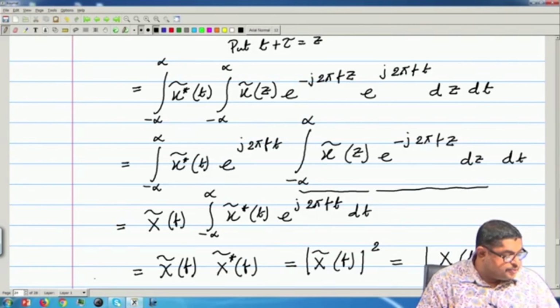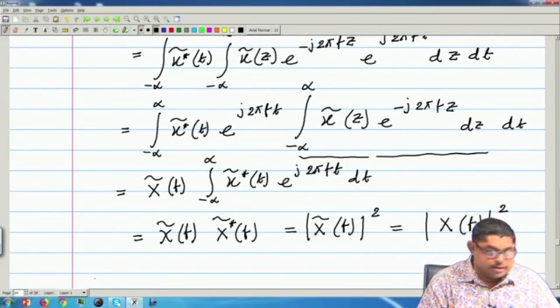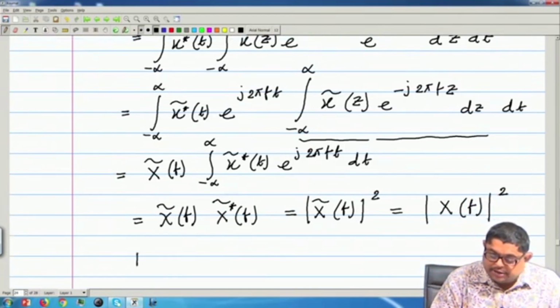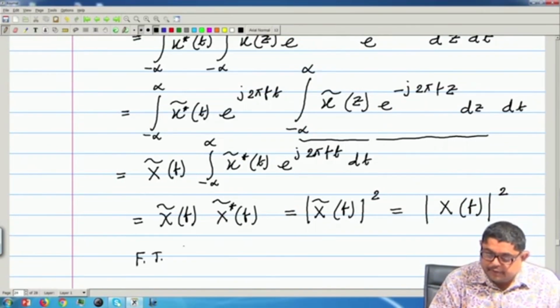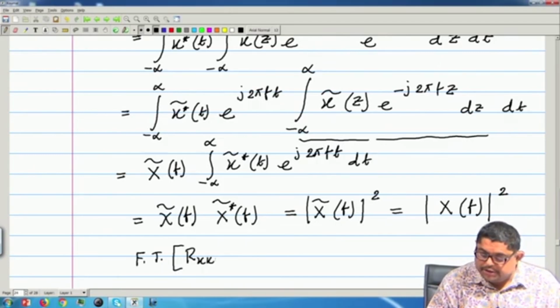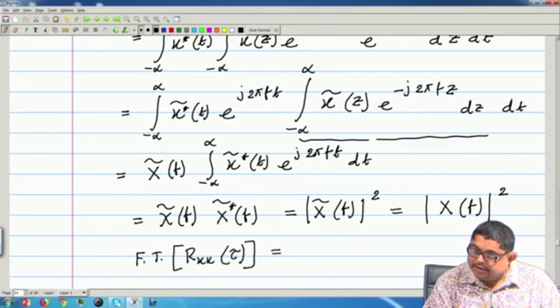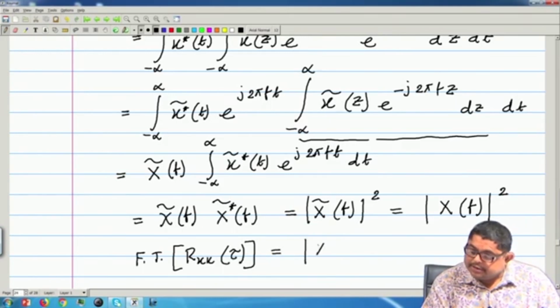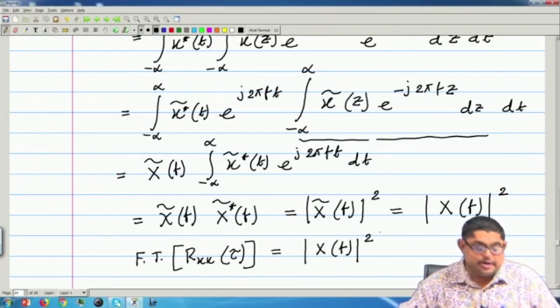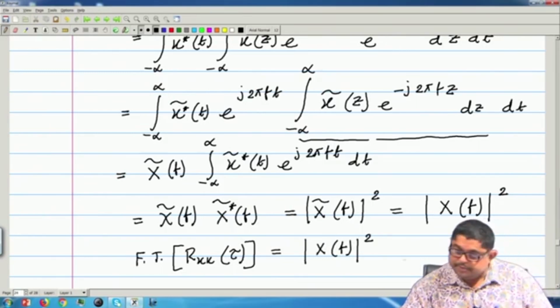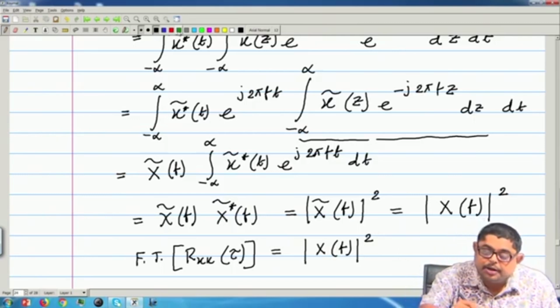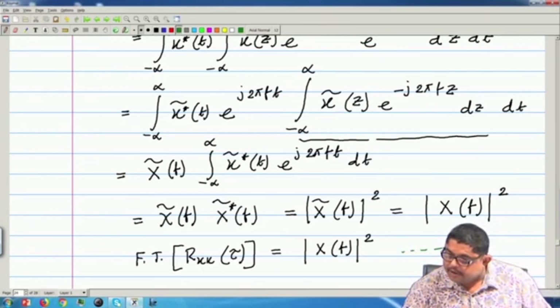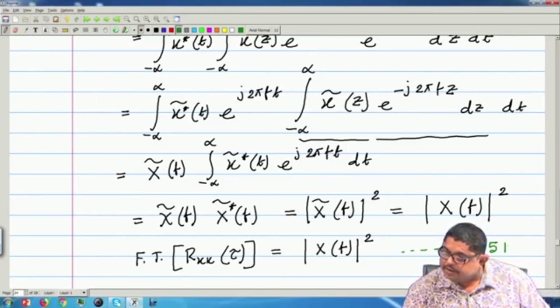That means the Fourier transform of the autocorrelation function of the transmitted signal is equal to the magnitude square of the spectrum of the signal. So, this should be given a number. This is equation 51.